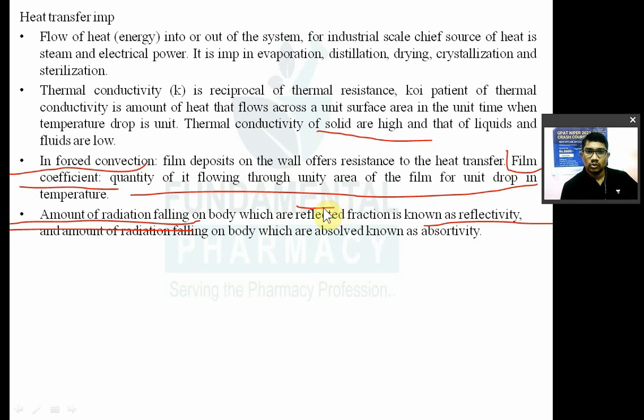The fraction of rays which are reflected by a material from the rays falling on the material, that is known as reflectivity. And amount of radiation which is being absorbed is known as absorptivity.